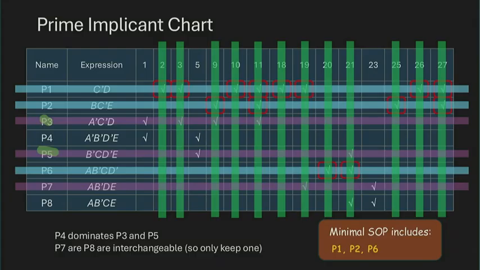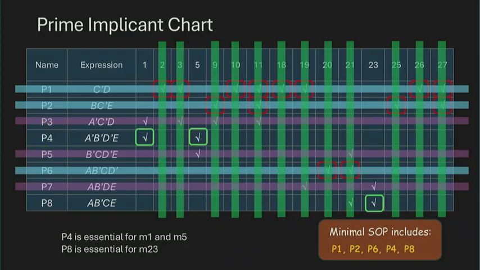And now, at this point, you can finally apply essentiality to include more implicants into the final expression. So minterm 5 makes P4 essential. Minterm 1 also makes P4 essential. So we just add P4 and also P8. That's minterm 23, which is a very big number. We have only seen minterm 15 so far, right, in the 4-variable K-map. So this is really a large example.